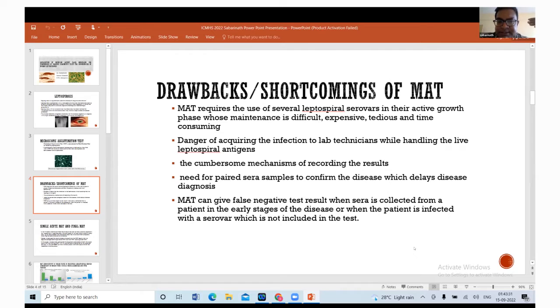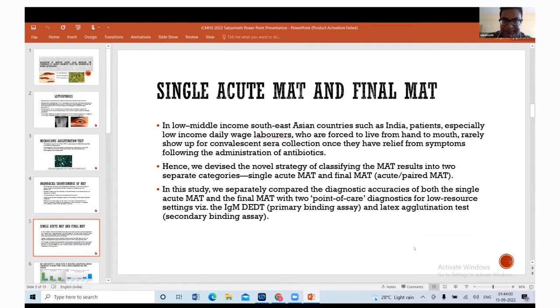Then there is the cumbersome method of recording the results, and the need for paired serum samples, I told, acute serum and convalescent serum, which is collected 3 weeks apart from the acute serum sample. So it delays disease diagnosis. Then MAT can give false negative test results, especially in the early stage of the disease or when the patient is infected with a rare serovar which is not included in the test.